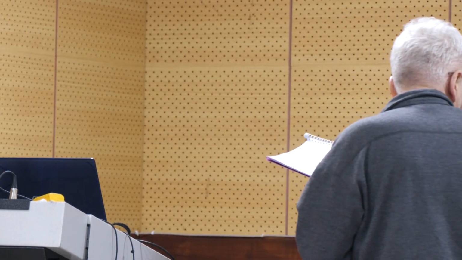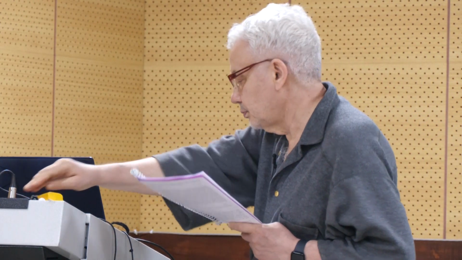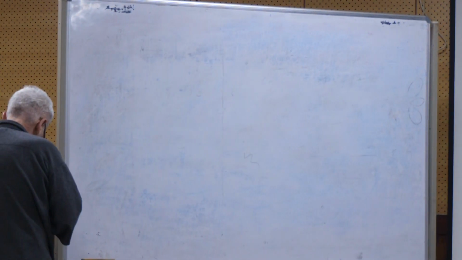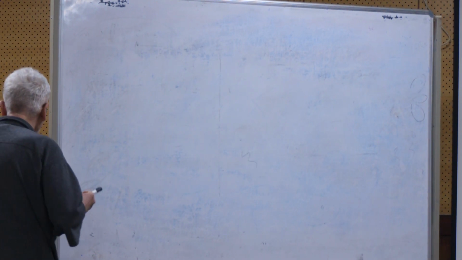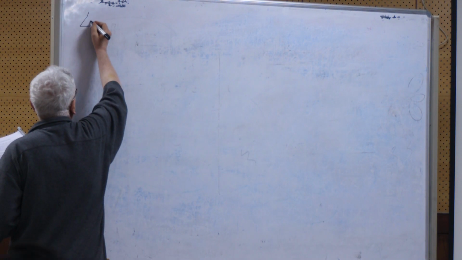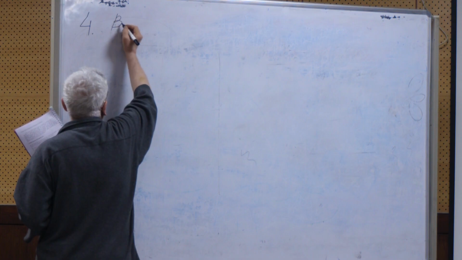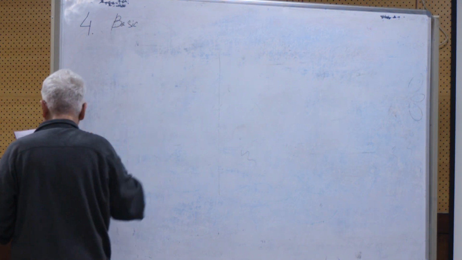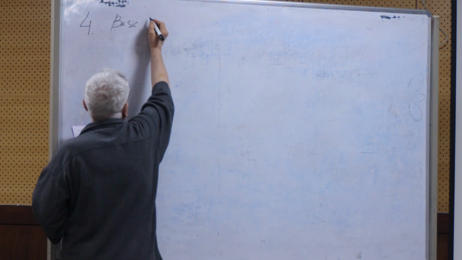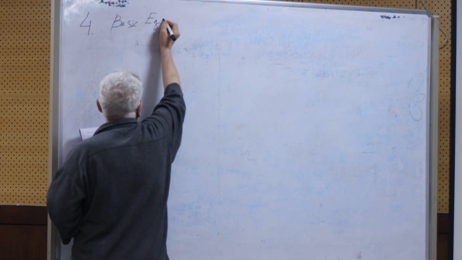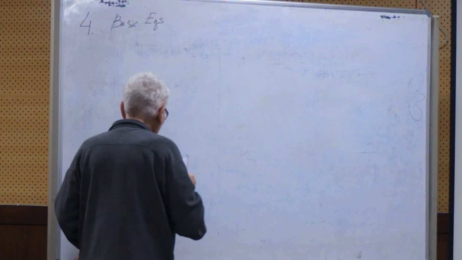So this chapter 4 has a name: basic equations for planetary convection.